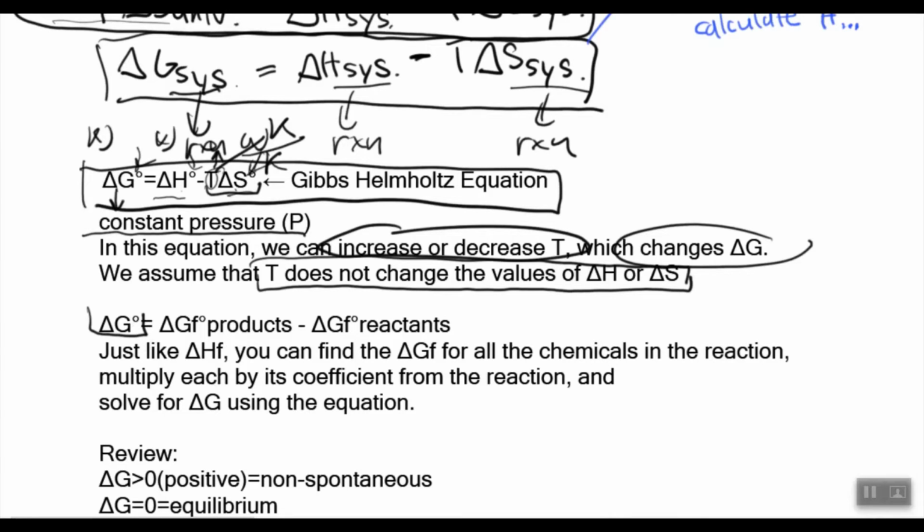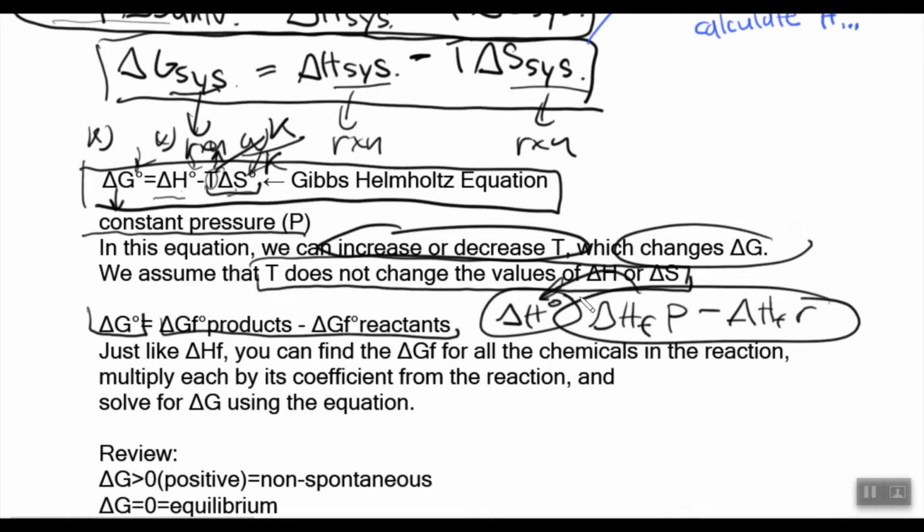So we know that we can have ΔG⁰ represented in the form of a summation equation, just like how we did it for ΔH⁰, and it means the same thing. When we do ΔH⁰, we can use the heats of formation, and we can do the products minus the heats of formation of the reactants to get the ΔH of the reaction. So check out the video about heats of formation if you want to learn that. But for here, the process is basically the same.